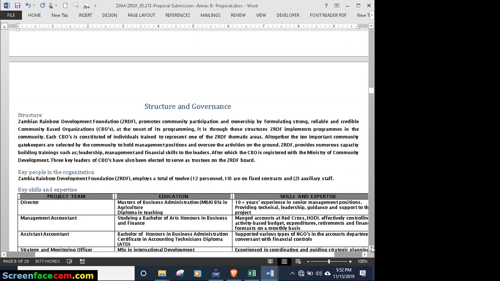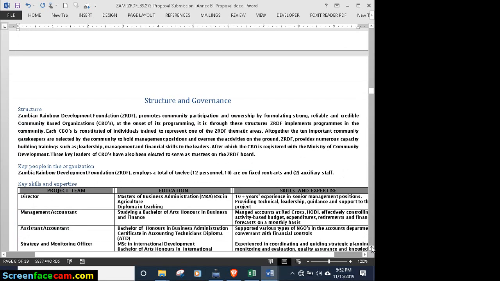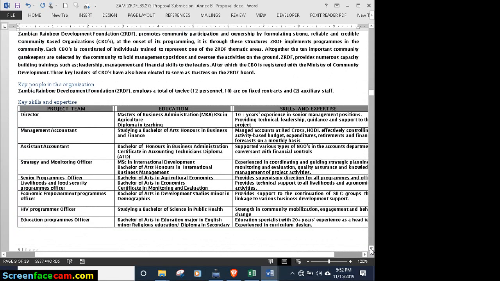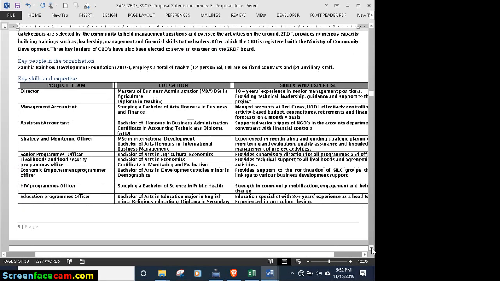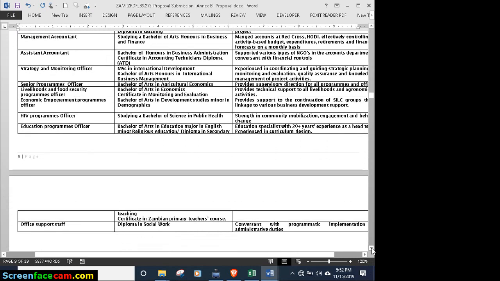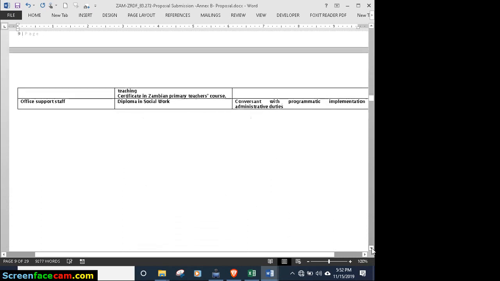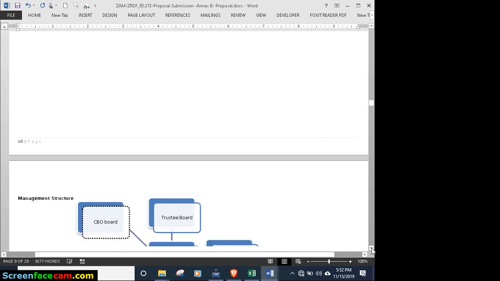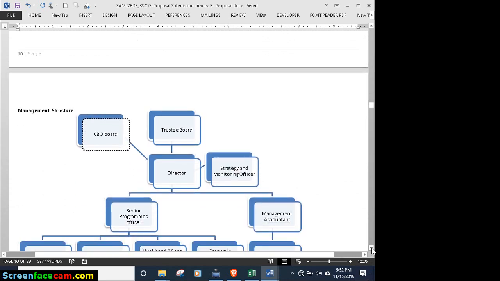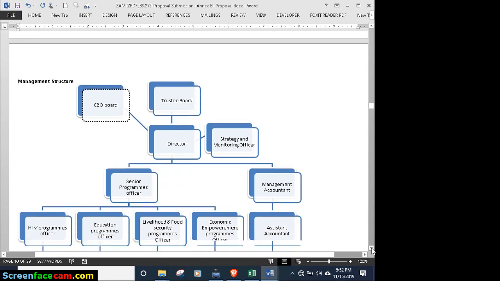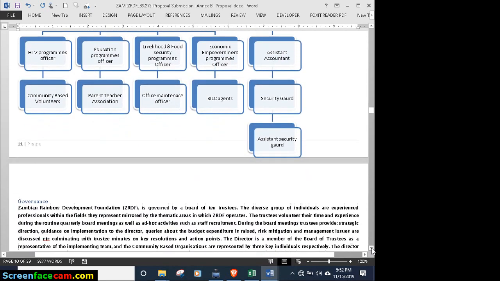Then we give a background of the governance of the organization. The key members of staff, all the members of staff, their qualifications, their experience. Then this is what we said, an organogram. Remember, I gave an example of an organogram. So this is the organogram for this organization.